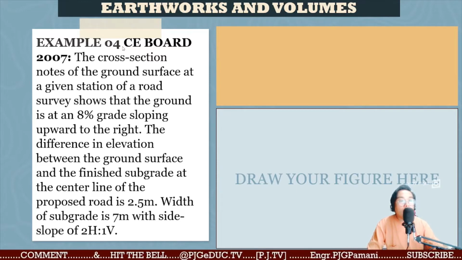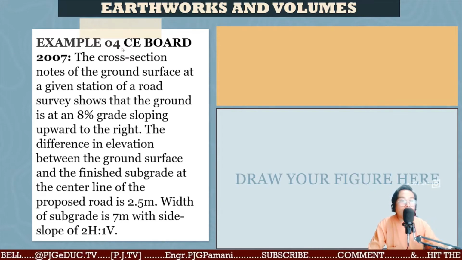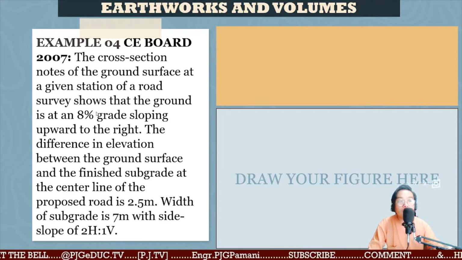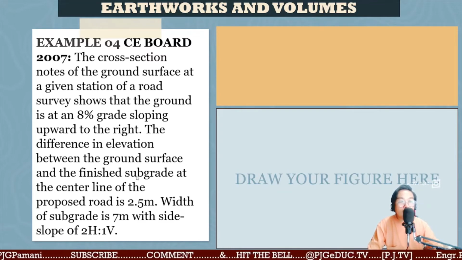Okay? This is an example problem again involving earthworks in volumes. Example number 4, Seaboard 2007. The cross-section notes of the ground surface at a given station of a road survey shows that the ground is at an 8% grade sloping upward to the right. The difference in elevation between the ground surface and the finished subgrade at the center line of the proposed road is 2.5 meters.